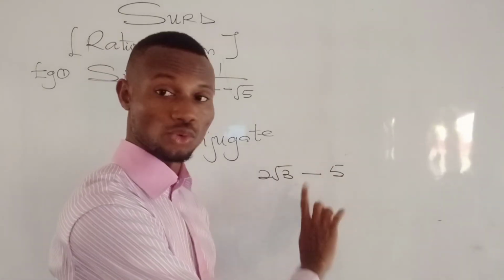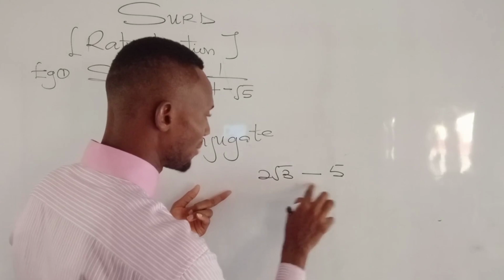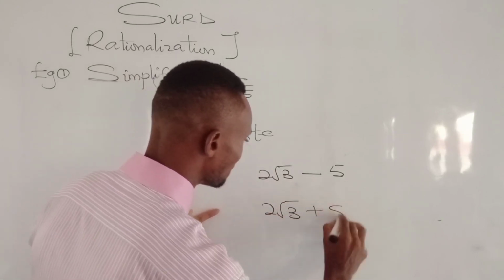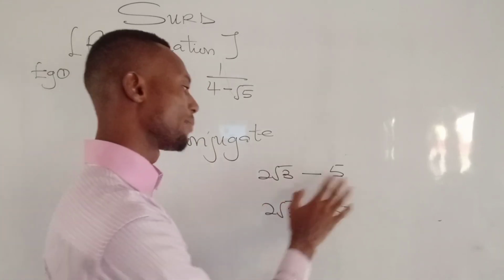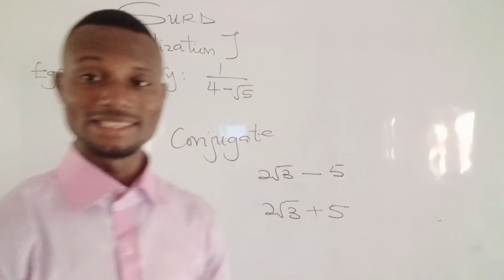It is negative, so we change it to positive. So the conjugate of 2 root 3 minus 5 is going to be 2 root 3 plus 5. Okay, so that's it about conjugates.